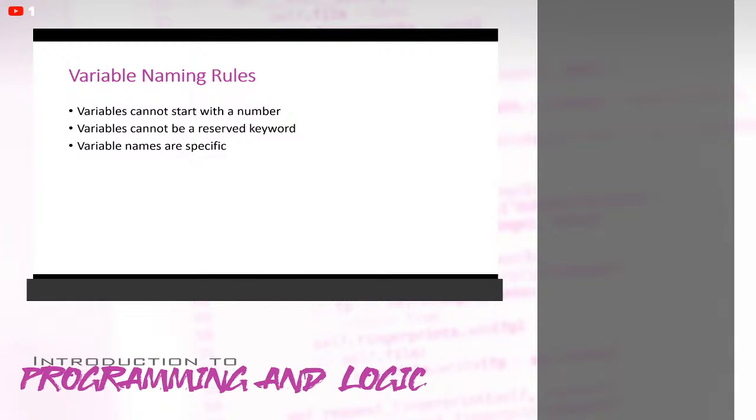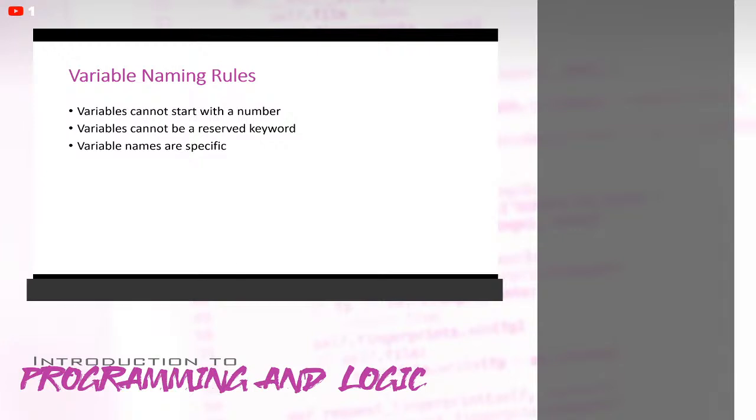Now we can put a number inside of our variable or at the end of our variable, because then our interpreter is already reading the other letters that are a part of the string. So it knows that whatever we have at the end is also going to be a part of that string. The big thing is not being able to start our variables with a number, because as soon as it sees that number at the start with nothing else before it, it's going to think time to do math.